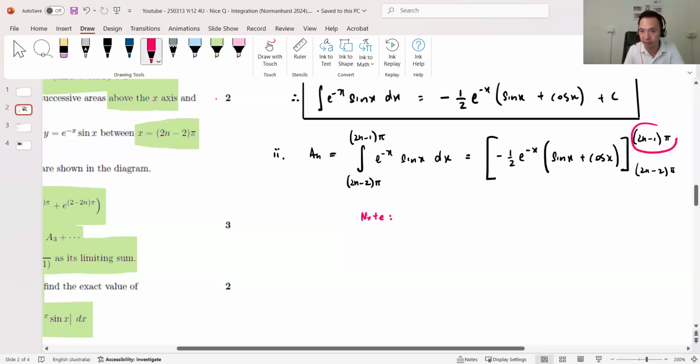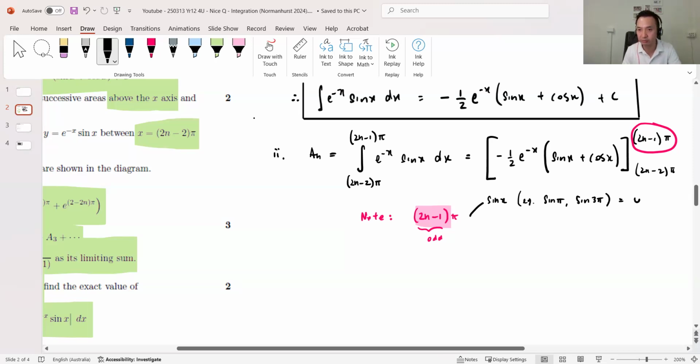When I sub in the top limit, 2n minus 1 pi, n is defined as an integer, so 2n minus 1 must be odd. Any odd multiple of pi, when I sub it into sine and cos, for example sine pi, sine 3 pi, are all zeros because of the repetitive nature.